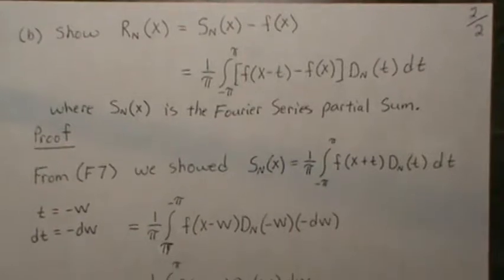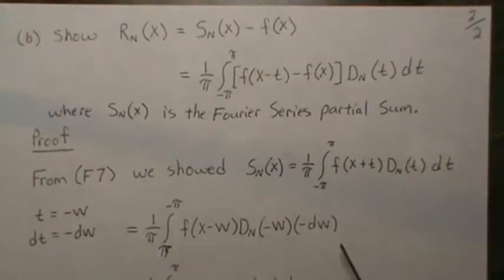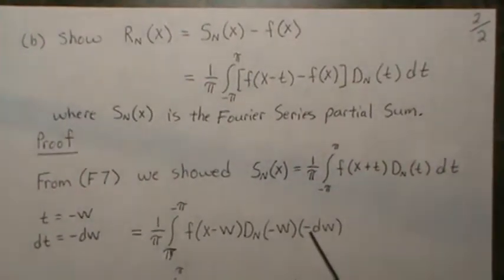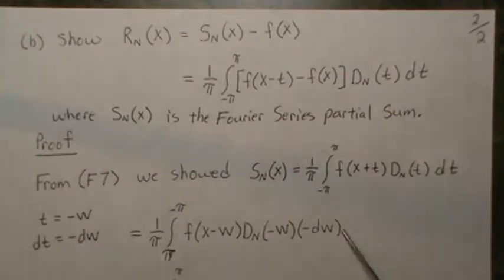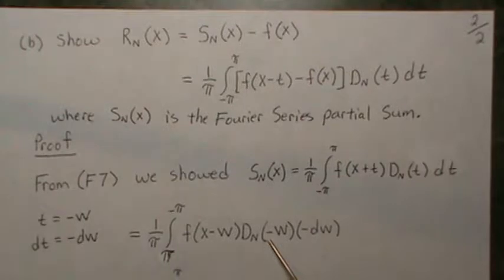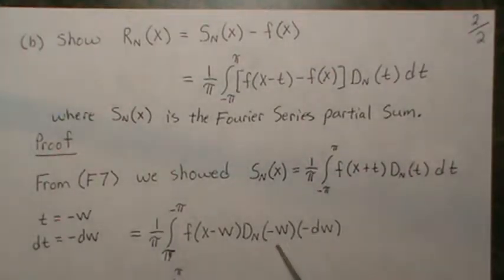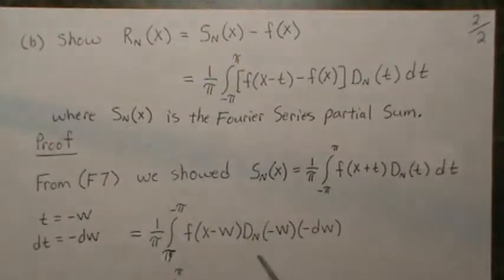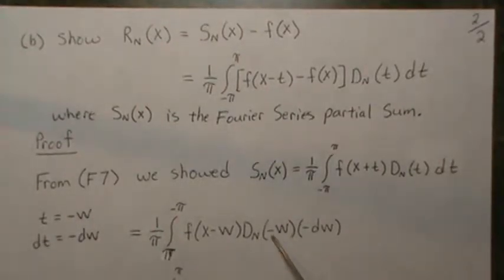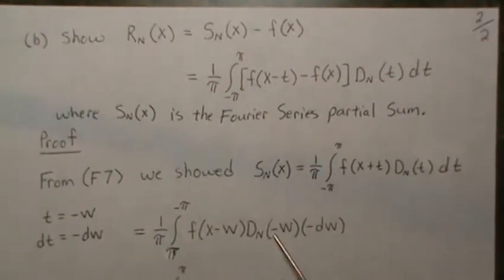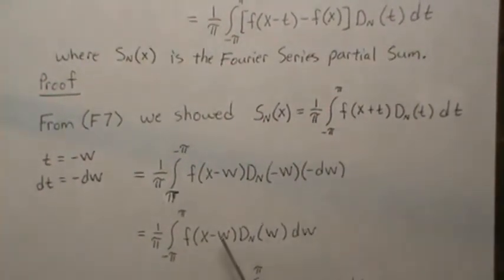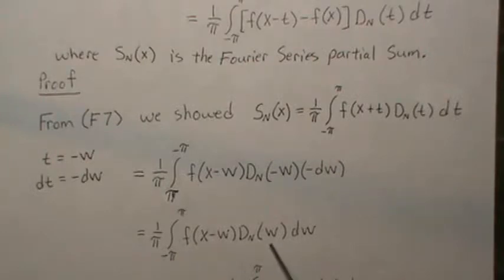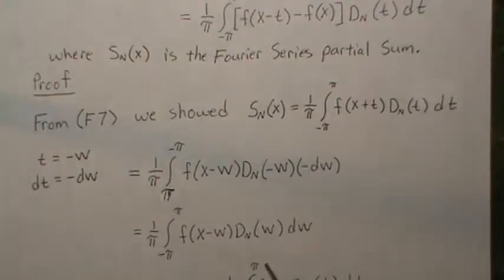The limits are reversed of what we need, but if we take this minus into that, we can reverse those. And also the Dirichlet kernel is an even function, so this minus w is the same as just w. Okay, so then we get this. So the nth partial sum can be written like this.